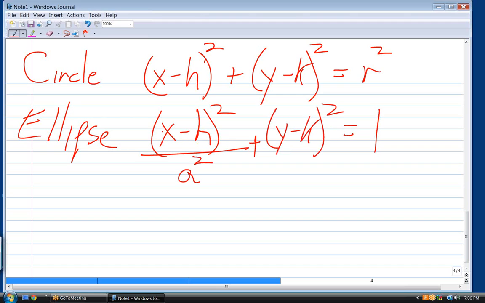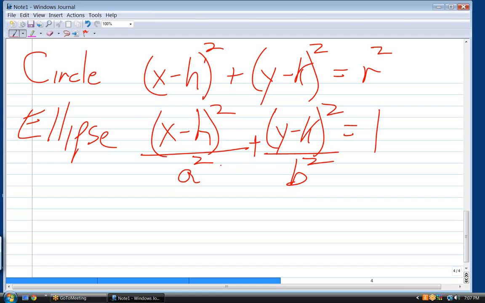It's always x minus h and y minus k until you get to calculus. In other words, all conic sections are always x minus h, y minus k. You don't run into an x plus h until you get to differential calculus, where the definition of a first derivative is f of x plus h minus f of x. But everything prior to that, it's always x minus h and y minus k.